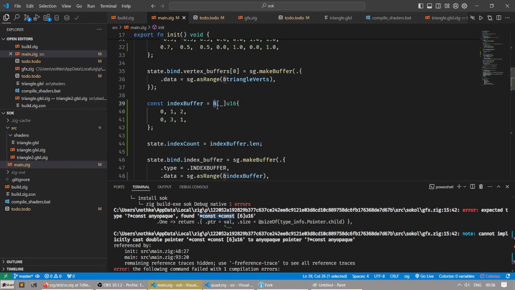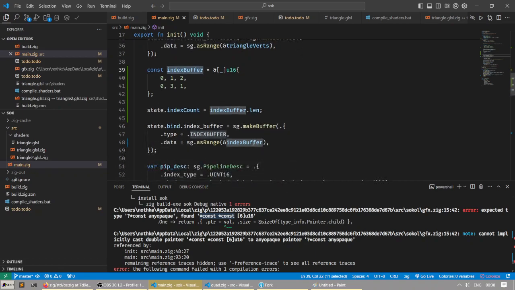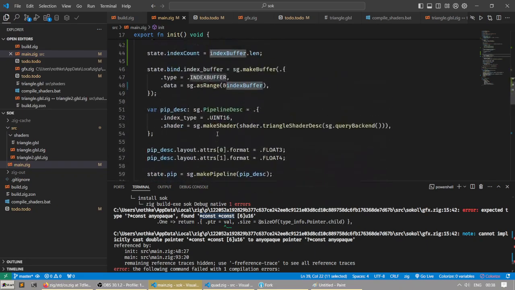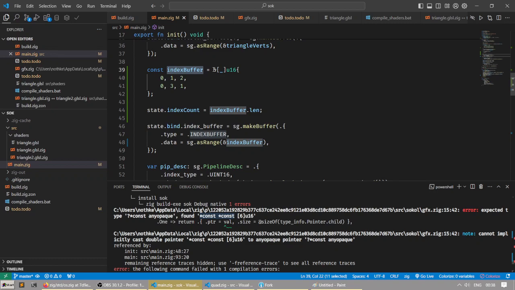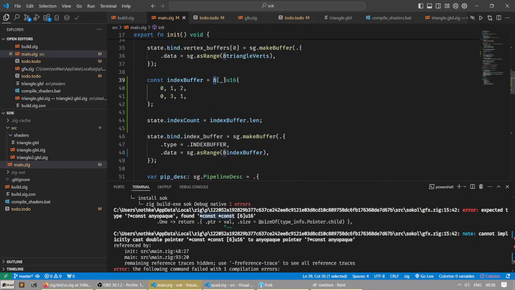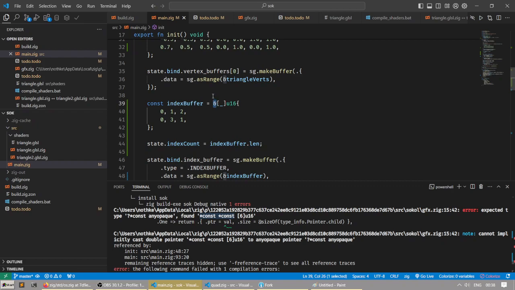So I had this pointer thing. So what happens here? Does this index buffer actually live through until the end of the scope, even if this is a reference? So I guess this is going to be static. How do we call this? This is going to be like a literal, right?